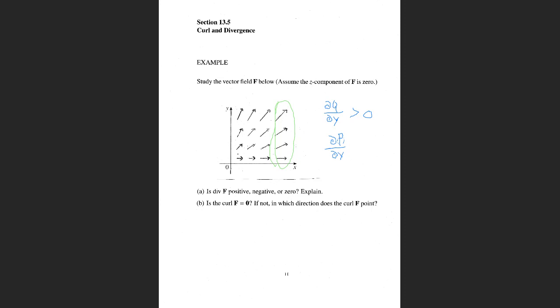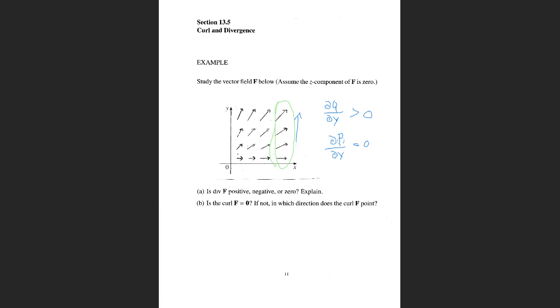What do you think that would be? That's right, Ellie. It would equal 0. Because as you look in the vertical direction, as you look upward, the horizontal component of the vectors stays constant.